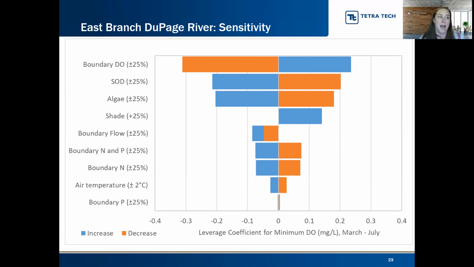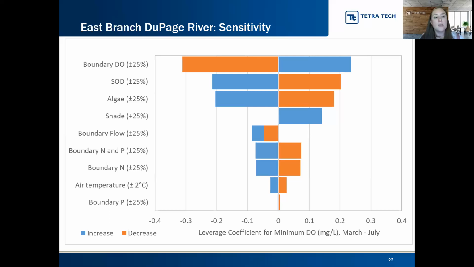That makes sense. High DO in stream, that makes sense. The way this sensitivity output looks is going to vary depending on where you are in the system. It's also going to depend on the time of year you look at as to which parameters the model is most sensitive to.